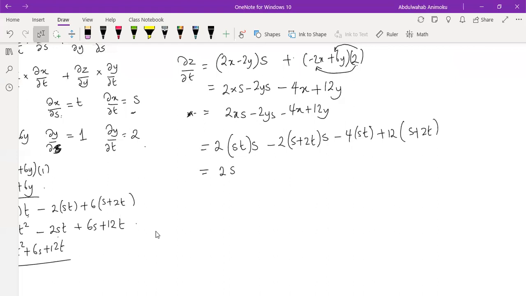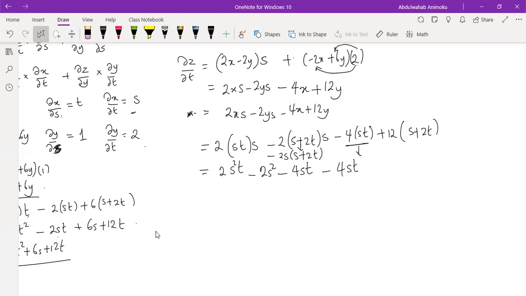So this gives us 2s squared t, and you can bring the 2s together, right? So I can simplify this way, okay? So minus 2s times s is minus 2s squared. Then minus 2s times plus 2t, that's minus 4st. Then we come to the next one, 4s minus 4st.